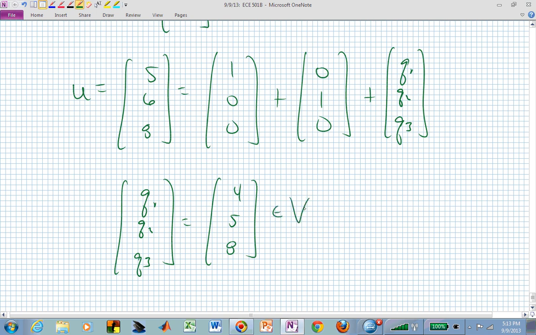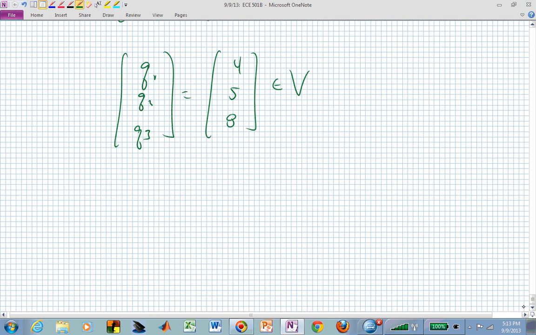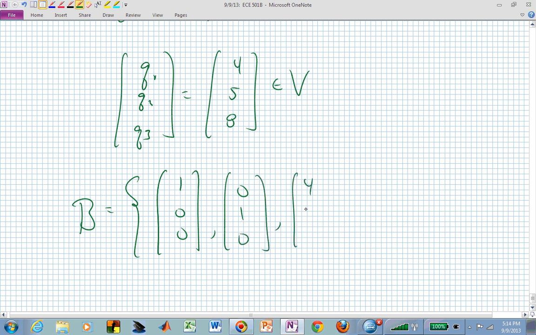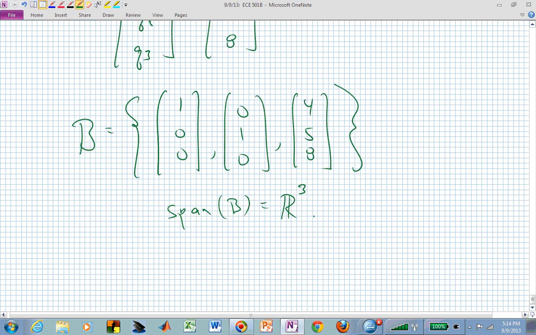which is an element of V, and now my B is 1, 0, 0, 0, 1, 0, and 4, 5, 8, and I now know that span of B is all of R3, and I've built up the basis that I need from a set of linearly independent vectors.